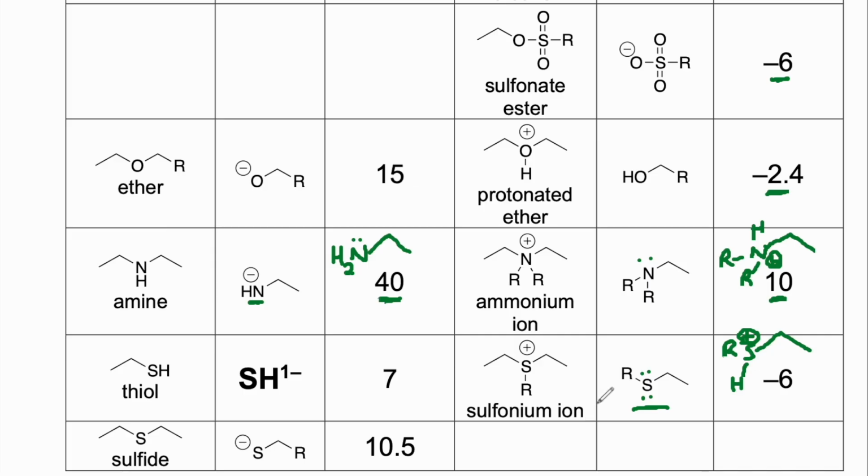It does not really want a proton, so it's a pretty weak base, and so that is a better leaving group than sulfur that has not been protonated, is not positively charged, is not going to leave as easily because it is a little bit of a stronger base than the neutral sulfur. A sulfur with a negative charge is a stronger base, so it doesn't leave as easily as a sulfur with no charge.